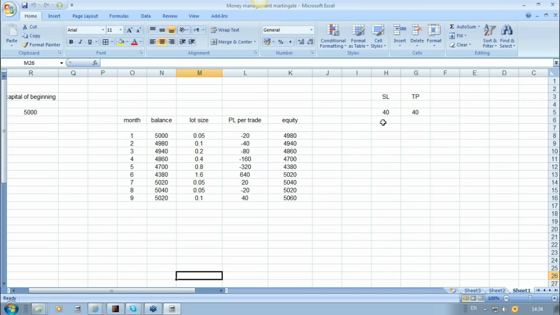I don't use it now, but I did use it for 5-6 months. It worked fine, but then I stopped because I decided to trade with different money management. There are a lot of advantages and disadvantages trading Martingale.